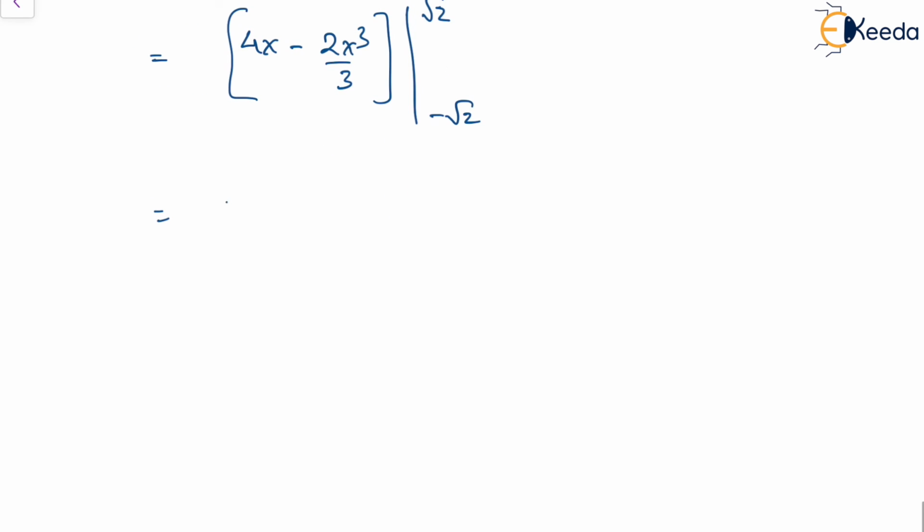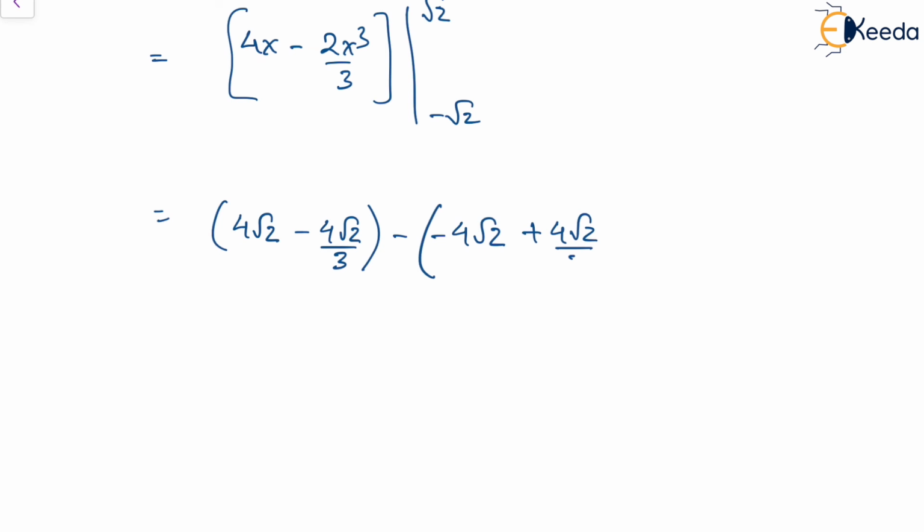So this is the upper limit, 4 root 2 minus 2 times root 2 cubed, which is 2 root 2, so that is 2 times 2 root 2 by 3, minus the lower limit, 4 times minus root 2, so minus 4 root 2, and that will be minus of minus, so plus 4 root 2 by 3.